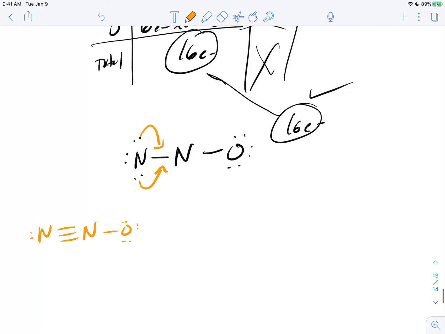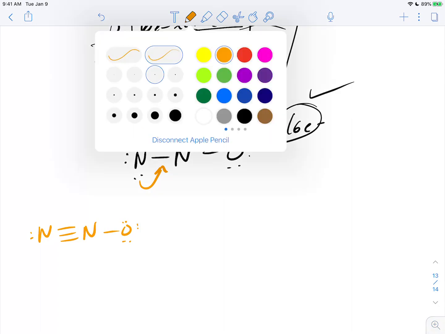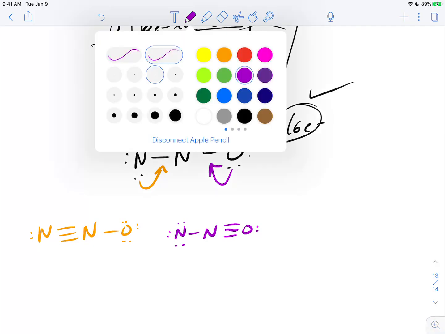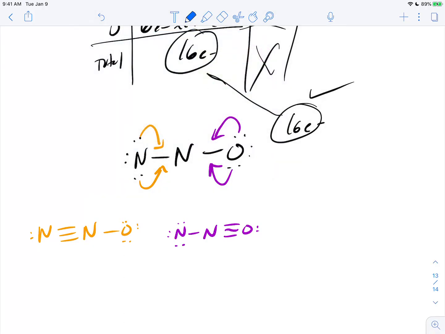And then if we instead do both lone pairs from the oxygen, we would get this structure: triple bond, oxygen, single bond, nitrogen. And the last one is we could do one from each. So we could have one from the nitrogen, 1 from the oxygen, and that would give us a double bond between the nitrogen and a double bond between the oxygen.